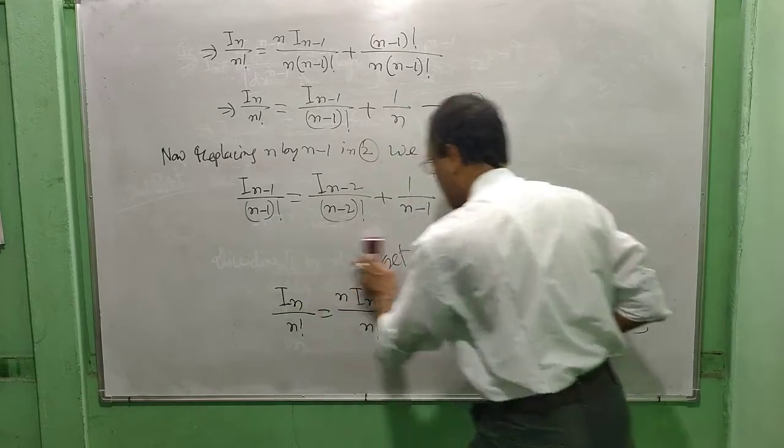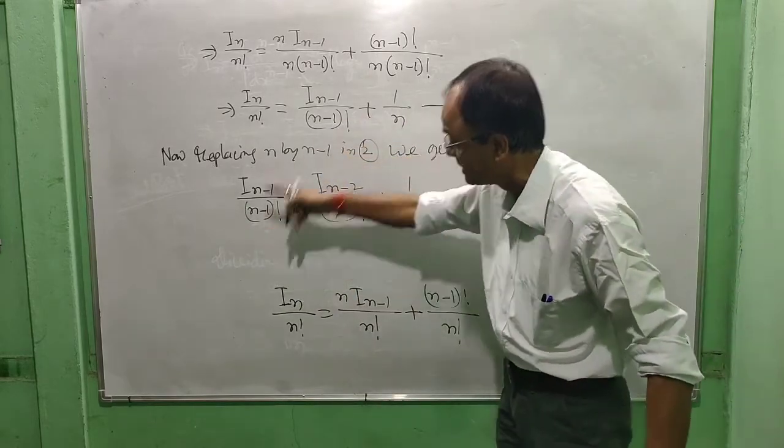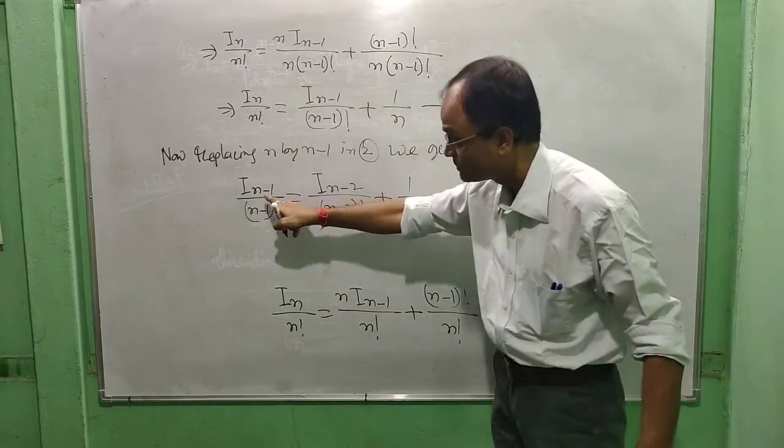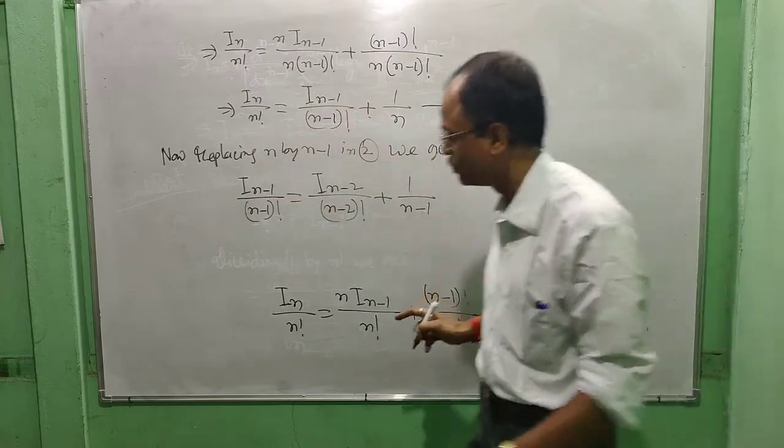Now substitute this value of I_(n minus 1) into 2.